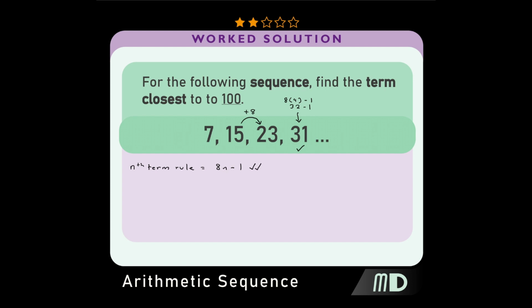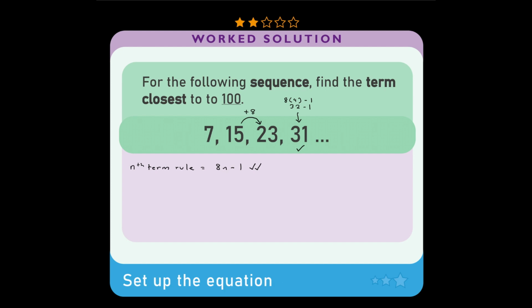The question asks us to find the term closest to 100. So we need to set the expression 8n minus 1 equal to 100 and isolate n.